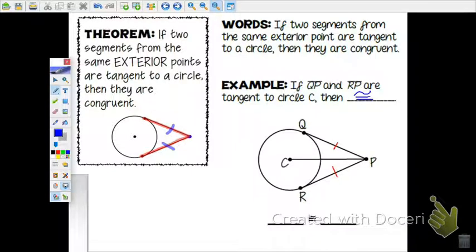So when I look at my diagram, I have a congruency statement to fill in. So what do I know to be congruent? Segment QP, so we need the segment bar, and segment RP are congruent.